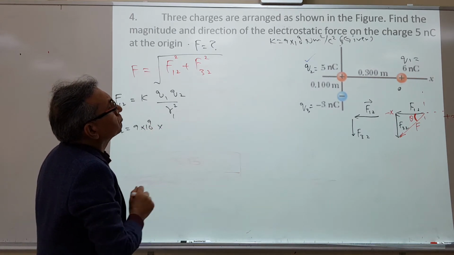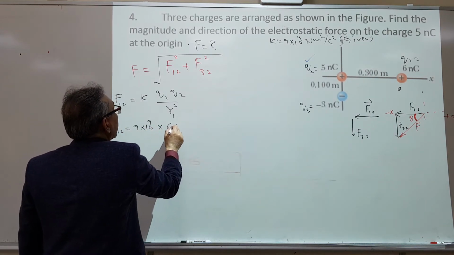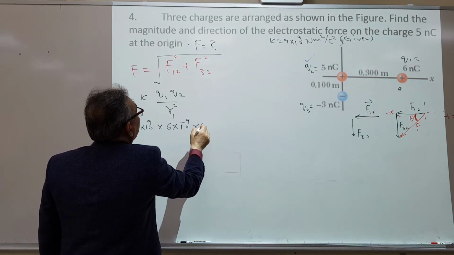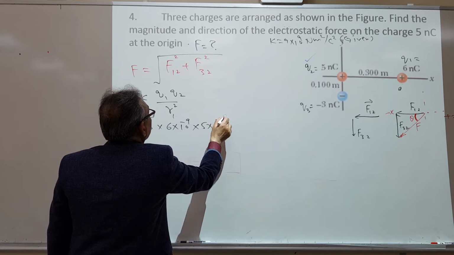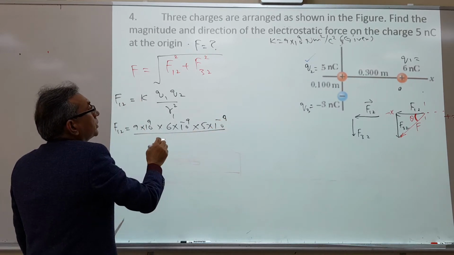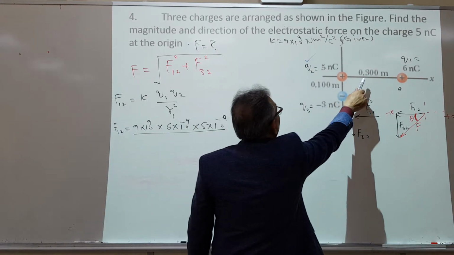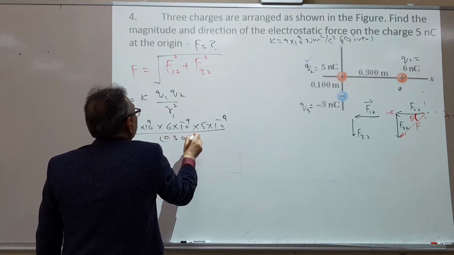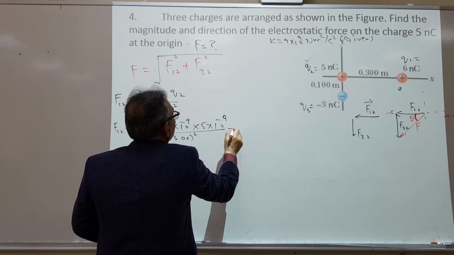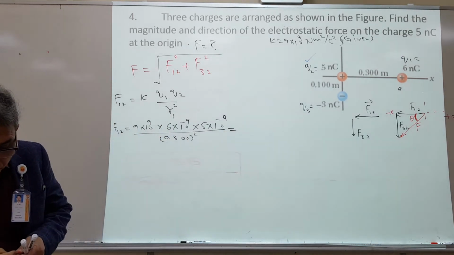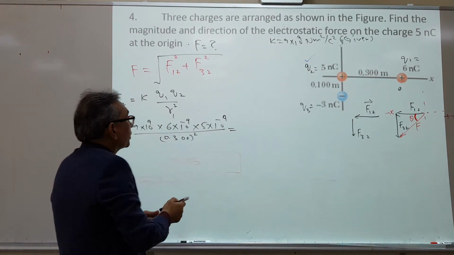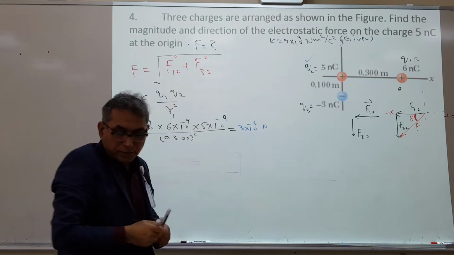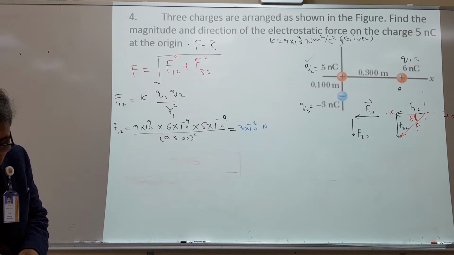Q1, how much? 6 nano, minus 9, and Q2 5 nano, again minus 9, over R squared, 0.300 squared. So you would get F12 equal to 3 times 10 raised to power minus 6 Newton.